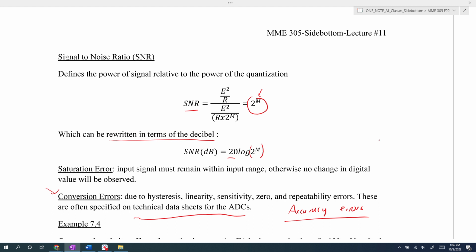Most of the devices we use in class have a pretty high number of bits. When you're looking at different data acquisition systems, they typically tell you the number of bits and the range, and you can estimate the smallest voltage that you could possibly measure using that analog to digital converter.